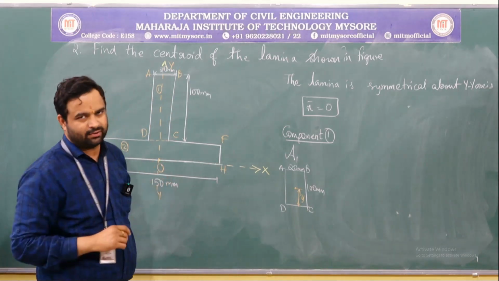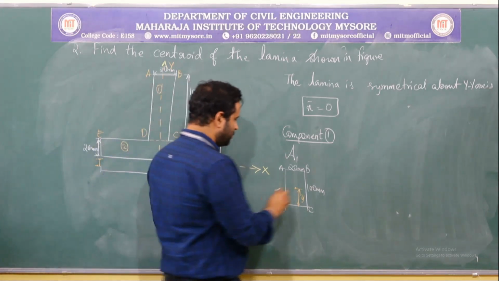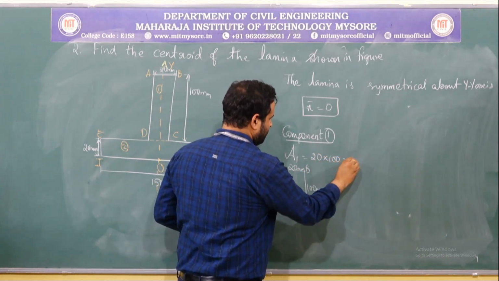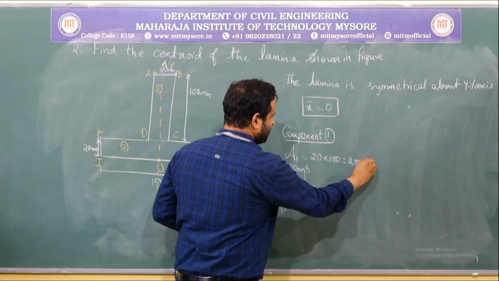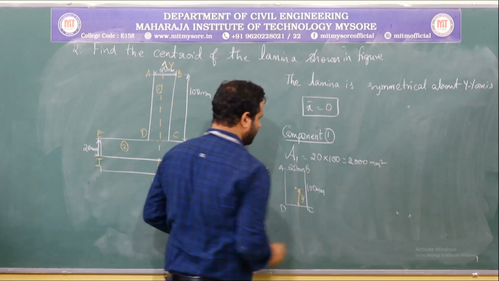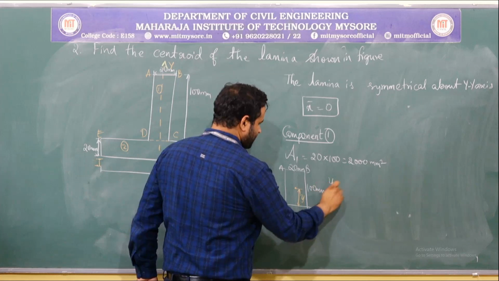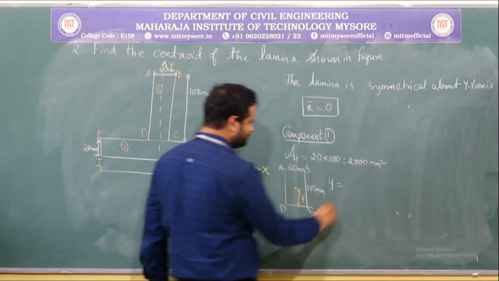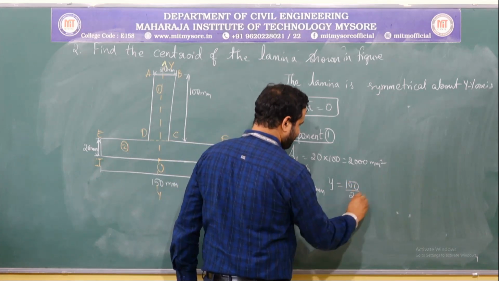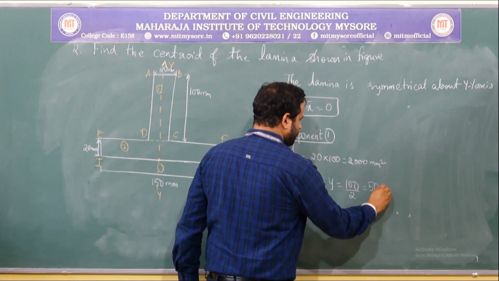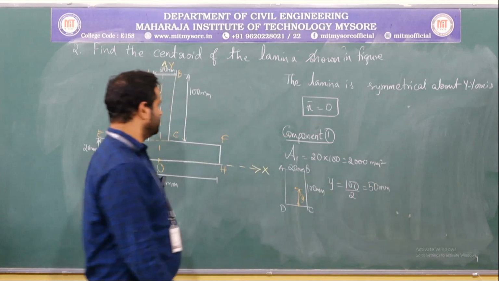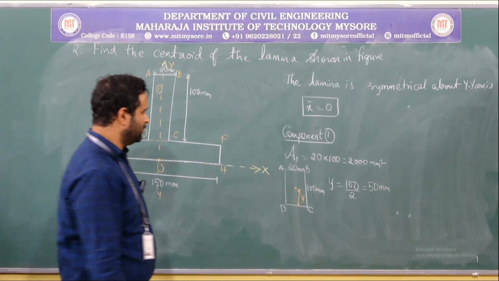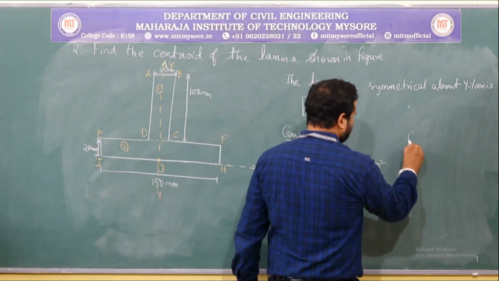So A1 will be equal to x into y, it is 20 into 100, which is equal to 2000 mm square, and y is equal to half of it, that is 100 by 2, which is equal to 50 mm. Okay. Now let me write component 2.